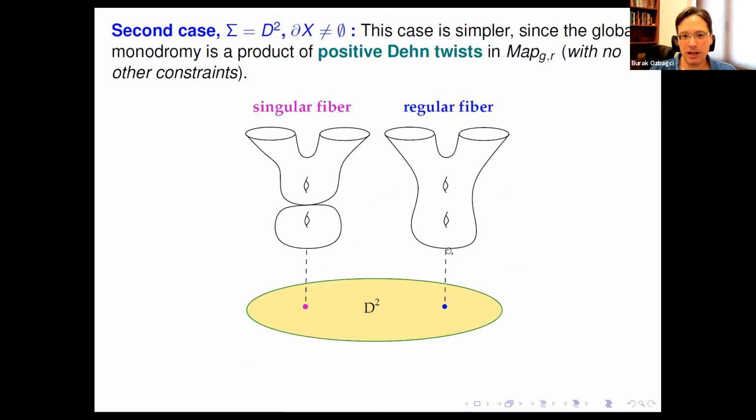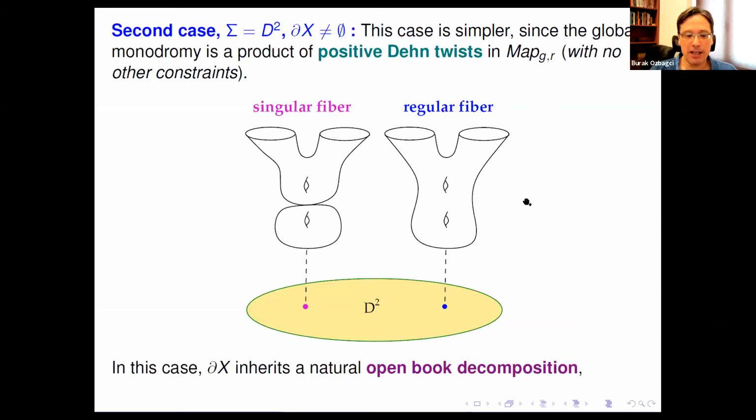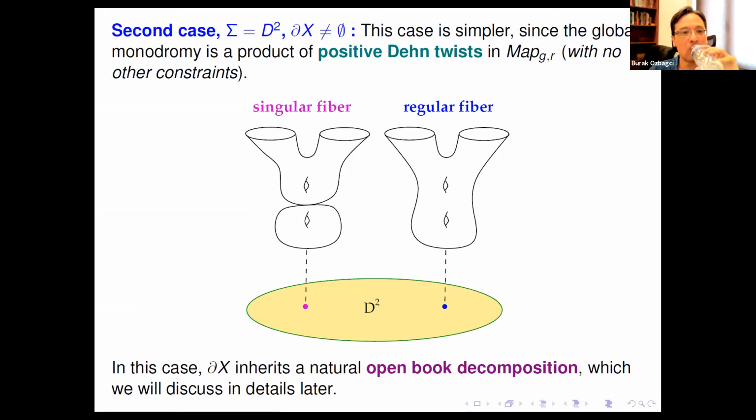So here is how I would picture this. This is a regular fiber. It has 2 boundary components. And this is a singular fiber, which is obtained from the regular fiber by collapsing a separating vanishing cycle, which I didn't draw here. In this case, the boundary of X inherits a natural open book decomposition, which we will discuss in detail later in this talk.